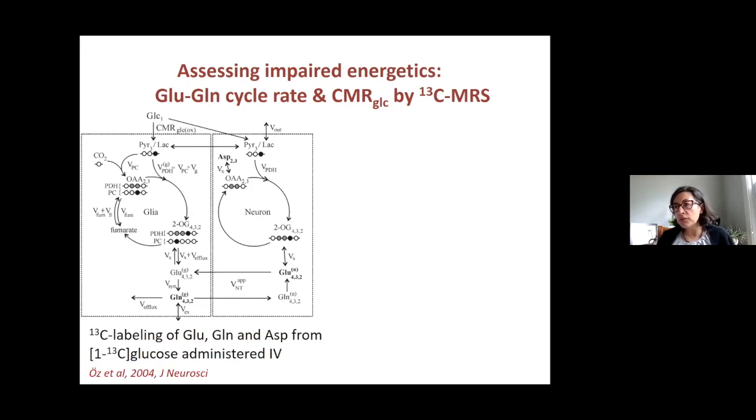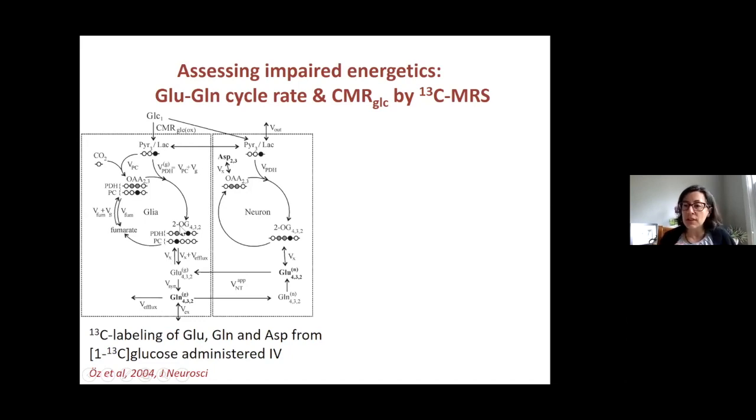Jesse was wondering if there are other methods to look at energy failure, to assess metabolism through MRS in the brain. And yes, you can use C13 MRS to look at oxidative glucose metabolism as well as glutamate-glutamine cycling rate. The idea is the same. You administer C13 labeled glucose IV and then watch the label go essentially through the TCA cycle.